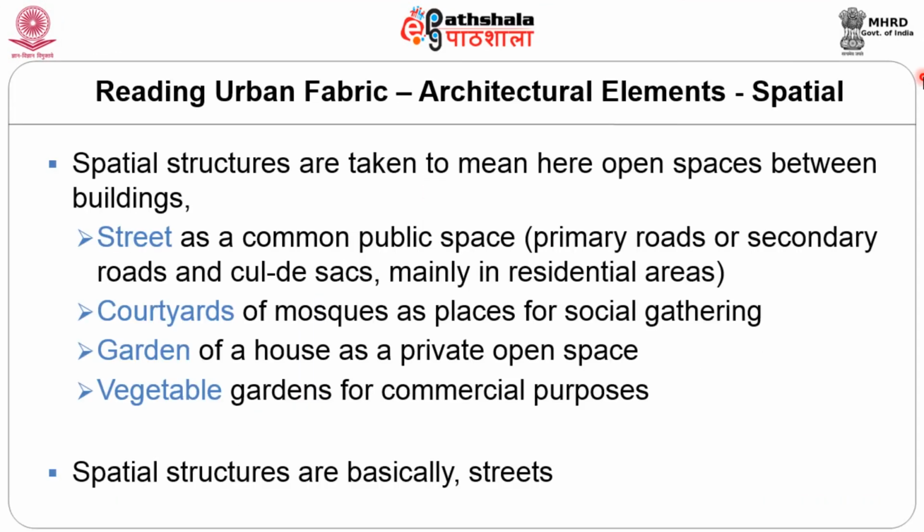The spatial characteristics within a city are mainly made up of the streets, the courtyards, the gardens and also the vegetable gardens for commercial purposes. Gardens differ from a private open space which is privately owned to a vegetable garden which is used for a commercial purpose. So all these structures contribute in different ways to the city fabric.